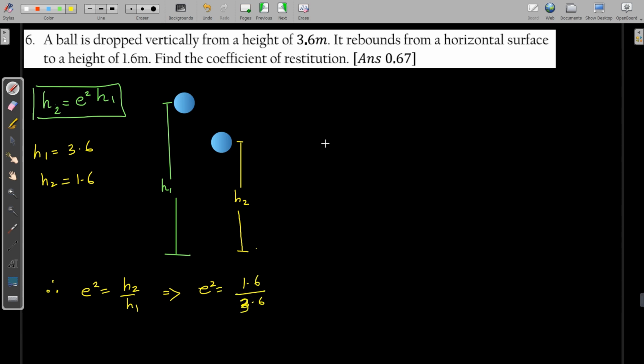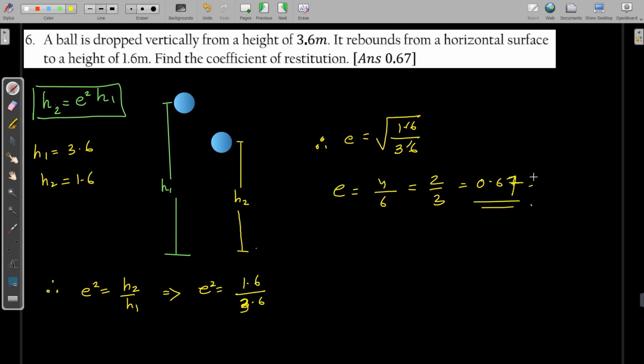Therefore e is equal to root over 1.6 by 3.6. If the point goes away, we get 4 by 6, that is 2 by 3, that is 0.67. Remember, e does not have any unit.